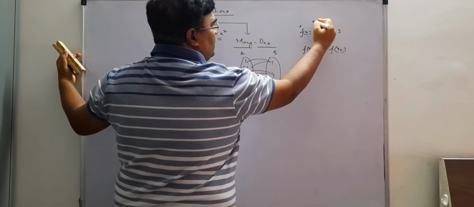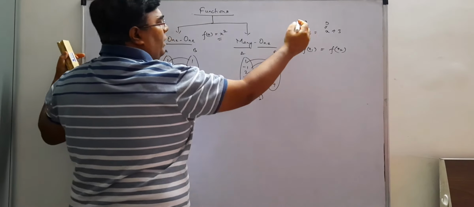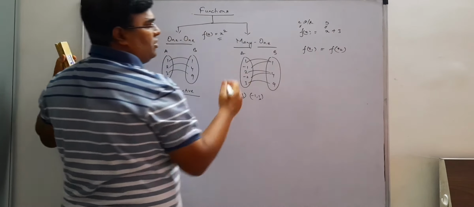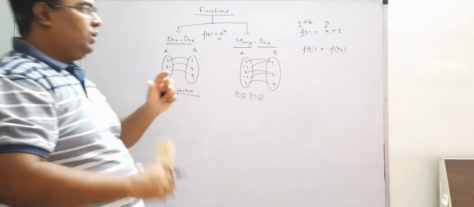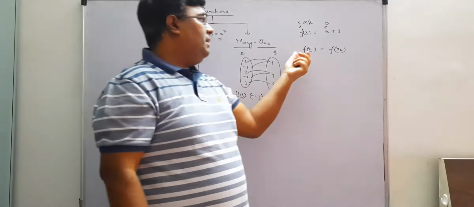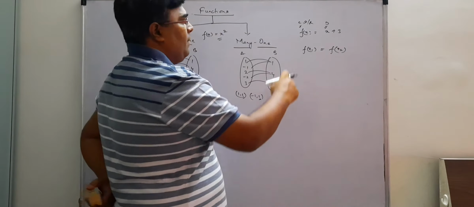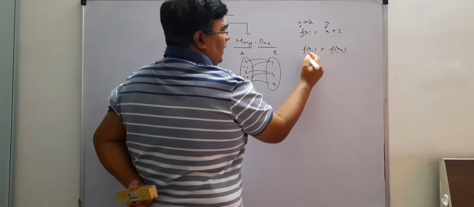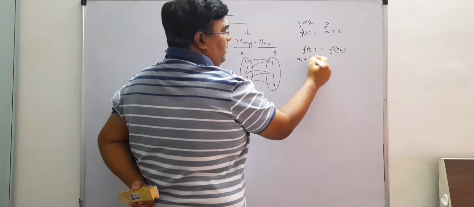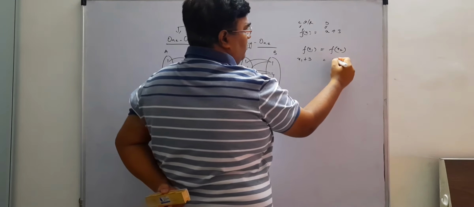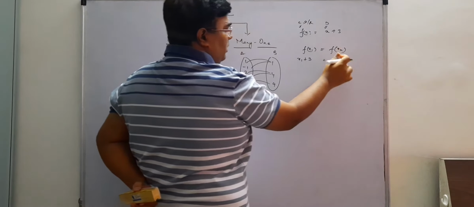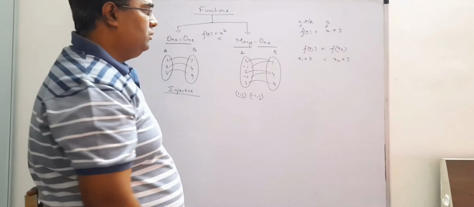This is my domain set, and this is my codomain, or you can say range. Alright. So what am I assuming? I am assuming that my second element is the same. Now, what is f(x1)? It will be x1 plus 3. What is f(x2)? x2 plus 3.